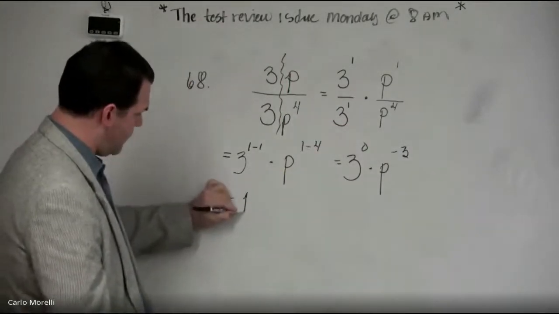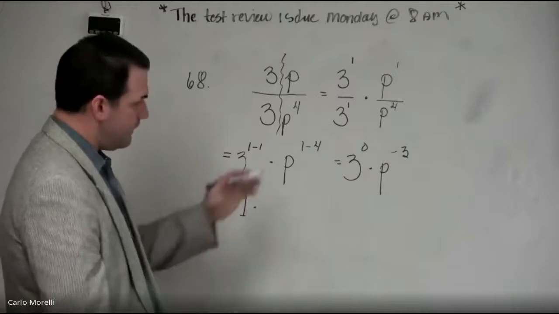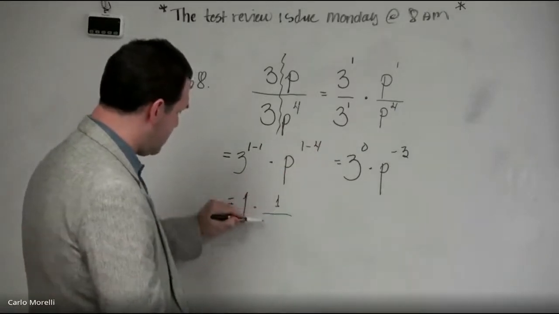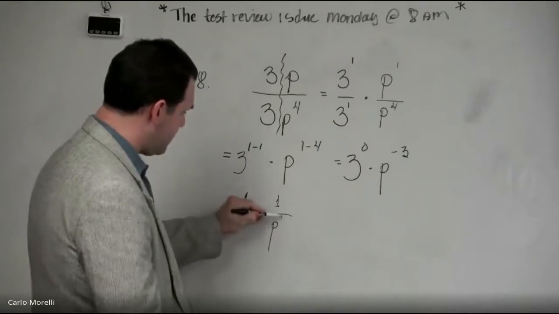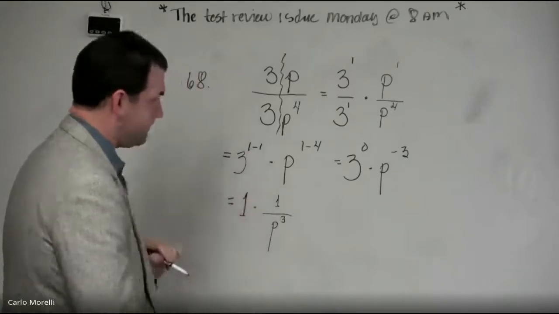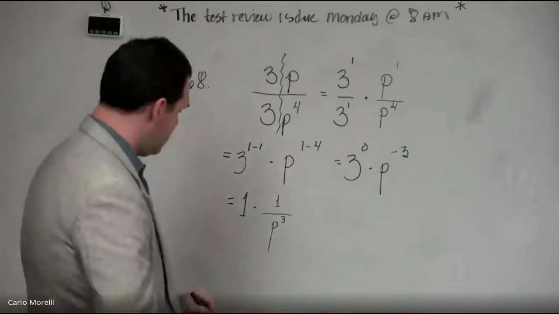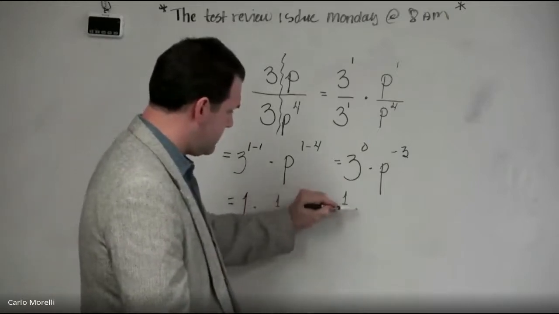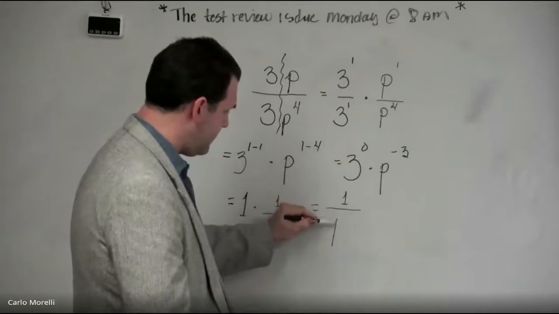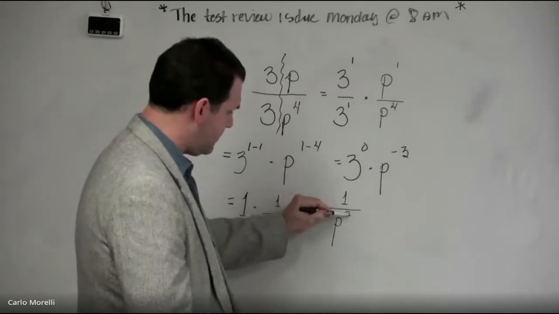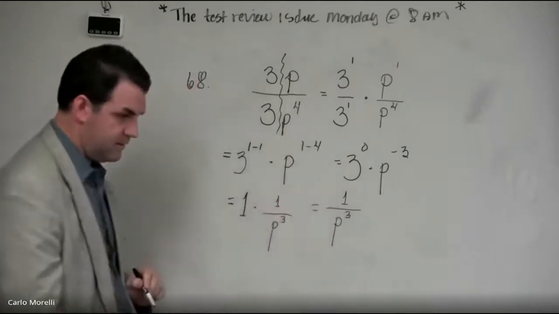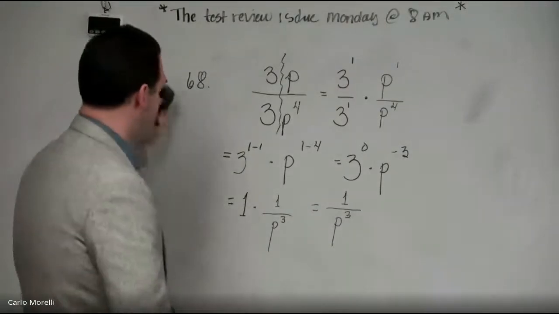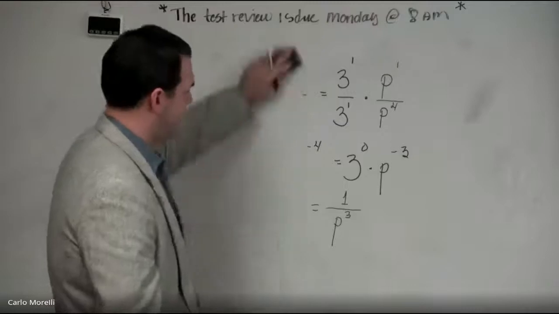So that's 1 times p raised to the power of -3, which is written 1 over p raised to the positive power of 3. And so the final answer would be 1 over p cubed, or p to the 3rd power. That's number 68.